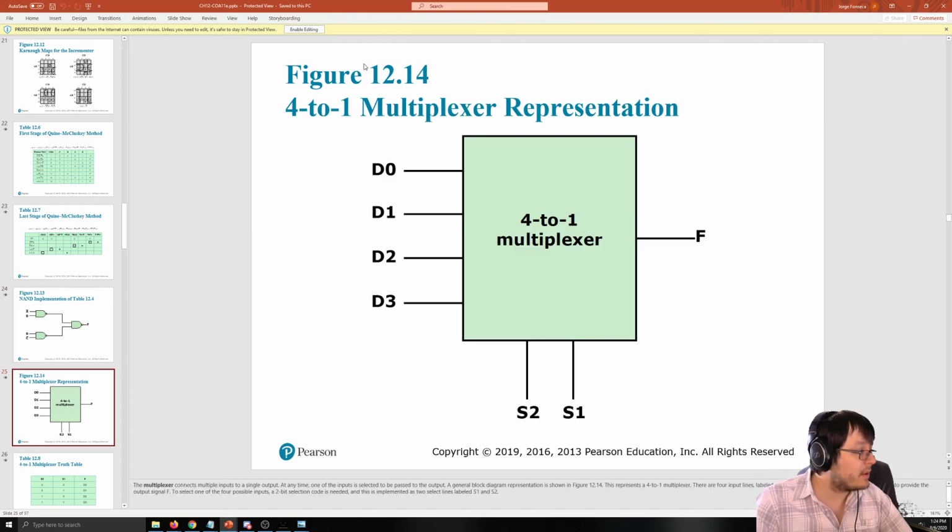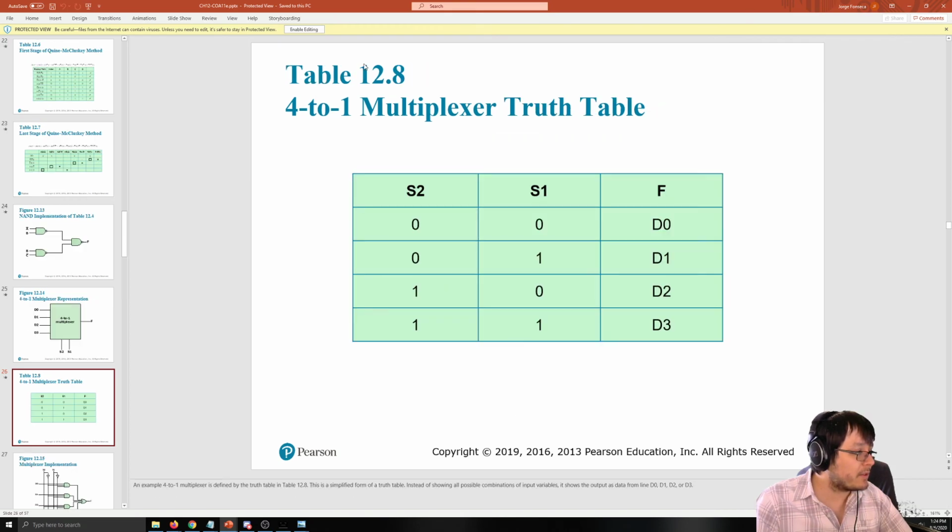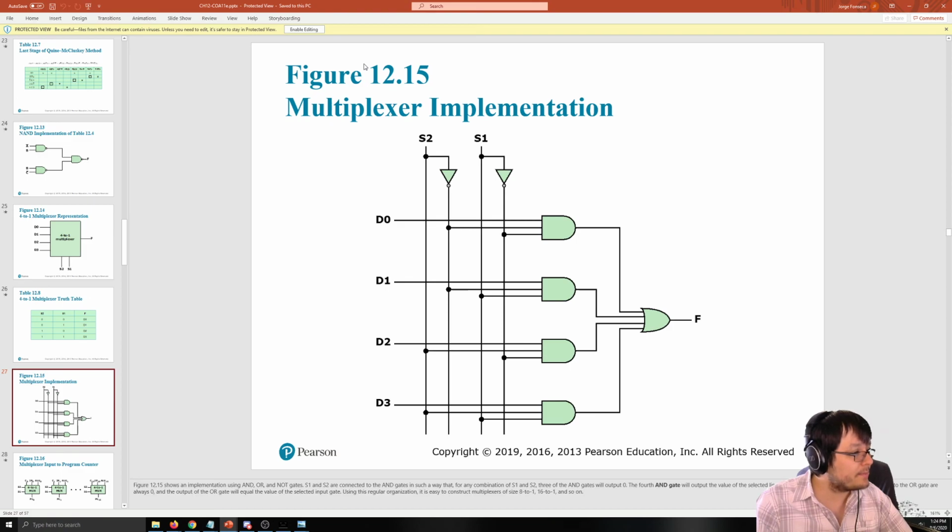Multiplexers. It's been a while with multiplexers. I'd just go ahead and read through that. I'm not going to ask you pretty much anything from this chapter probably on the test, but I still think it's a good review.